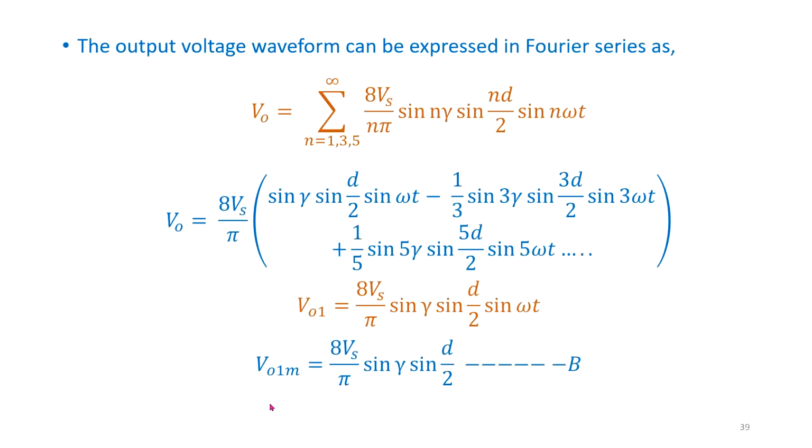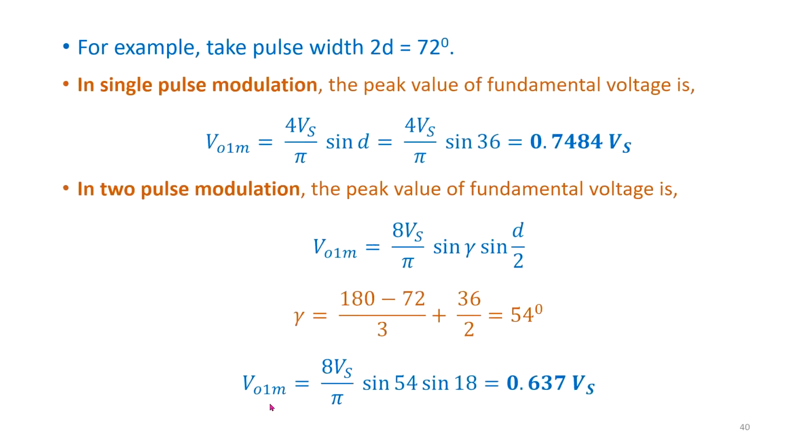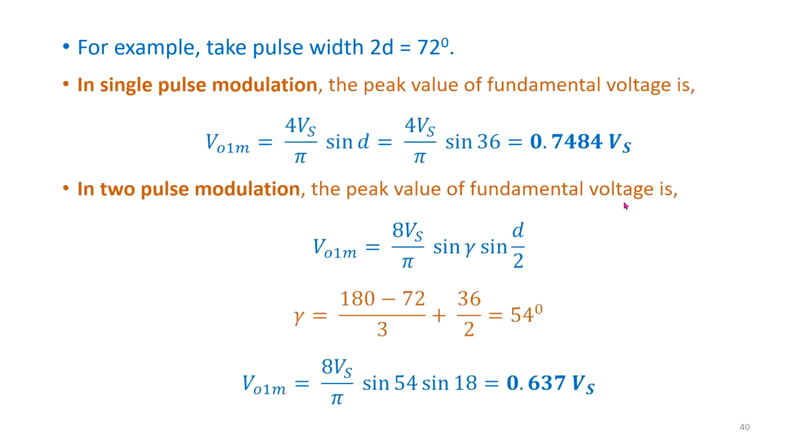Now, if you have single pulse modulation, the peak value of the fundamental voltage can be evaluated with this one, as we saw in the previous case, and for two pulse, you have a formula. You can calculate the gamma from there.